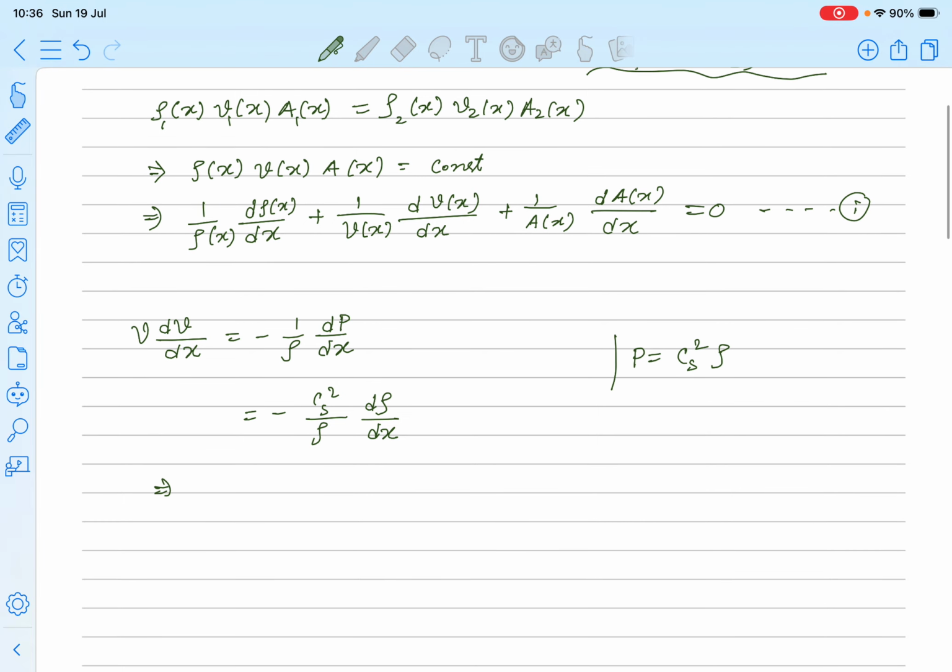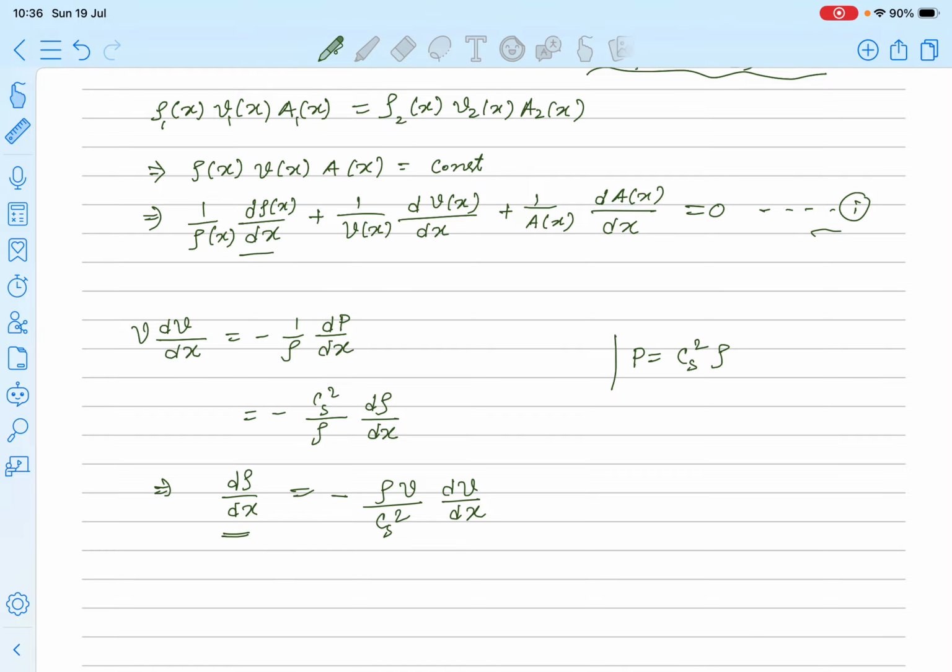So from here we get d rho/dx equal to minus rho V by Cs squared dV/dx. Now put this d rho/dx in equation number 1.